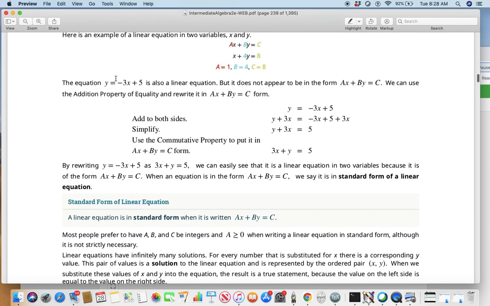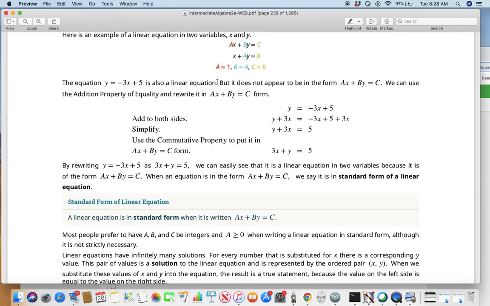The equation y equals negative 3x plus 5 is also a linear equation. Well, you can move this over here, add 3x to both sides. When you add 3x to both sides, the negative 3x and 3x cancel. Move the 3x first: 3x plus y equals 5.